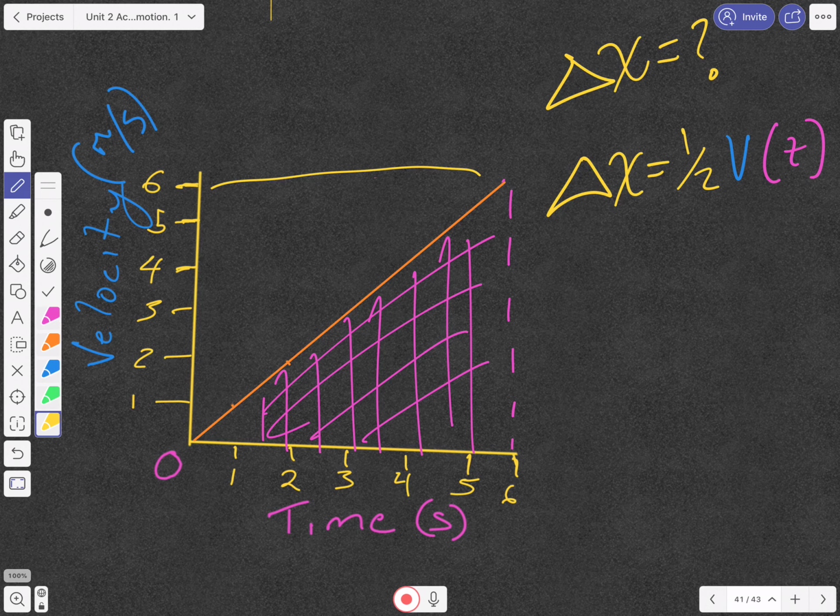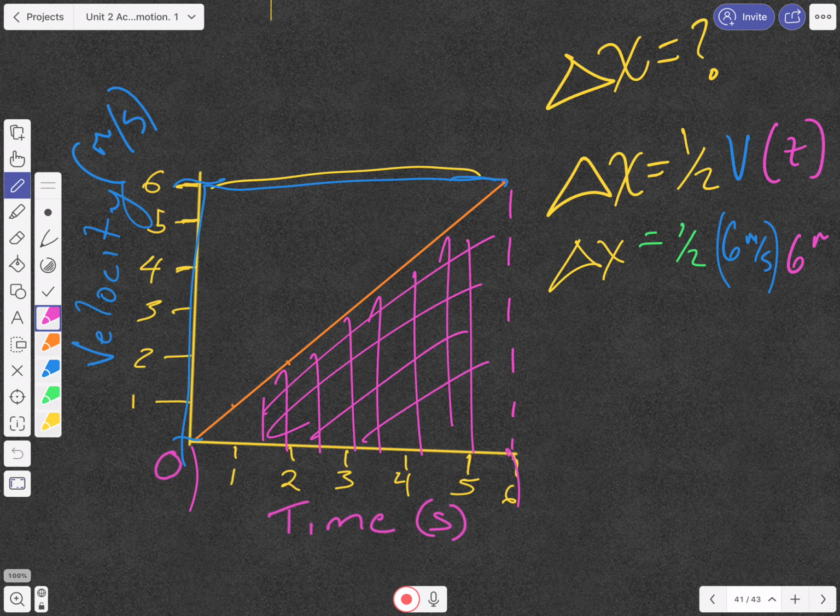So now our delta x is going to equal 1/2. And so our velocity here, if we had made this a full square, would be 6 meters per second. And our time from here to here is also 6 seconds.